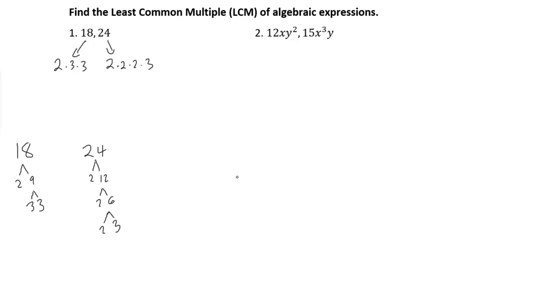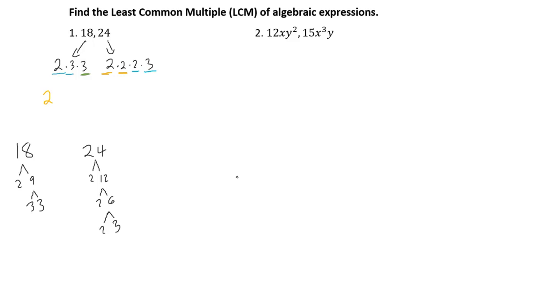So when we look at this, they have a 2 and a 3 in common. But this one also has a 3, and this one also has a 2 and a 2. So what we have to do is make sure all those factors are found in our least common multiple.